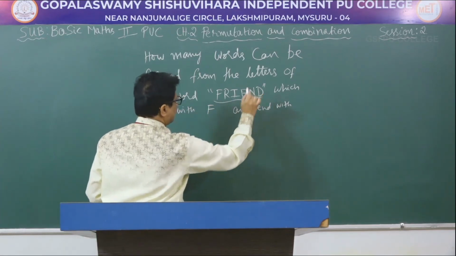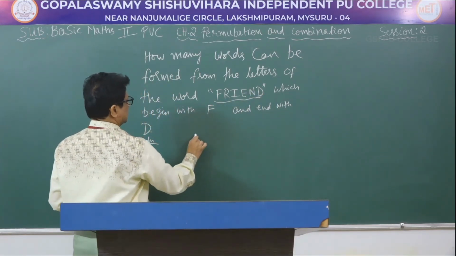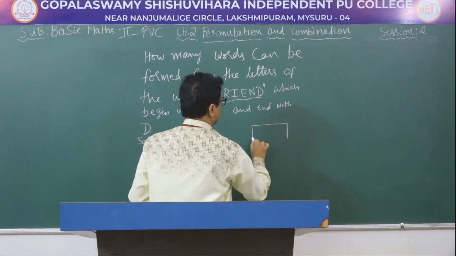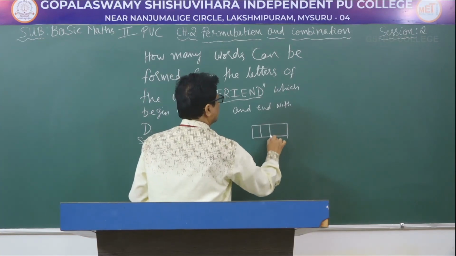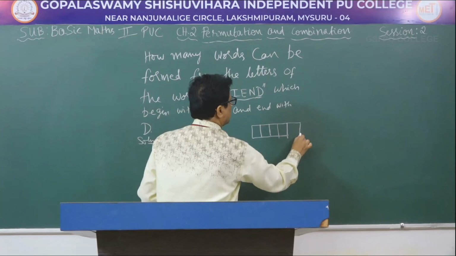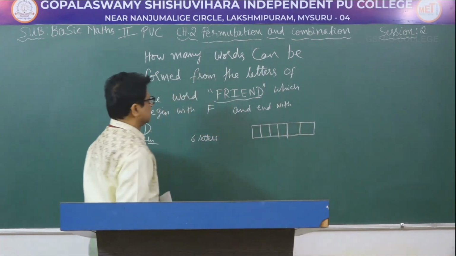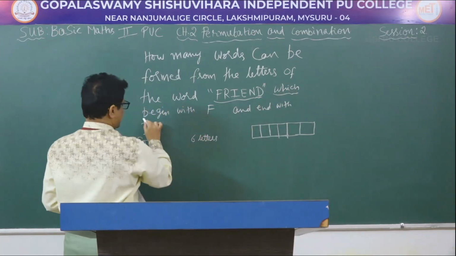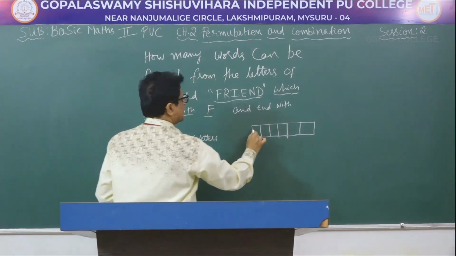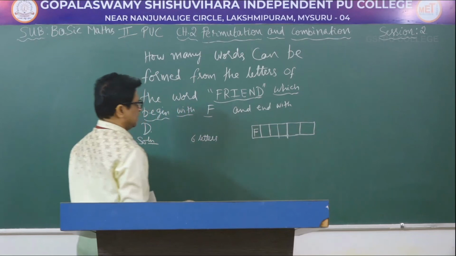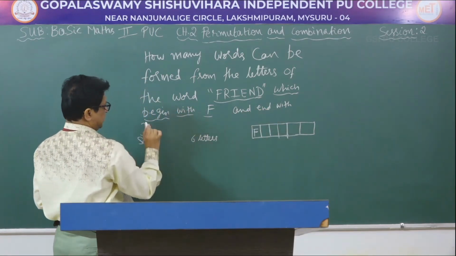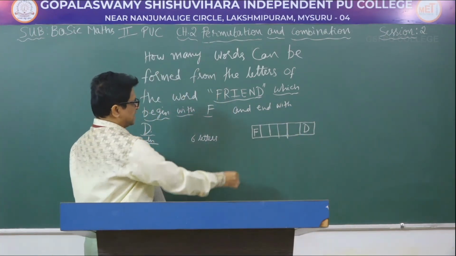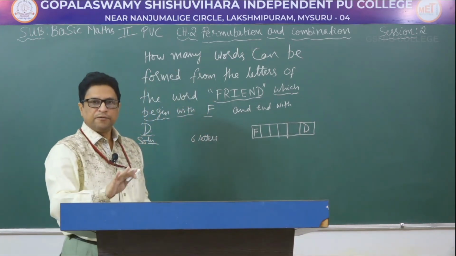So, the word friend has 6 letters: one, two, three, 4, 5, 6 letters. So, now the condition given is which begin with F. So, it should always begin with F and end with D. That means the first letter and the last letter have been fixed.